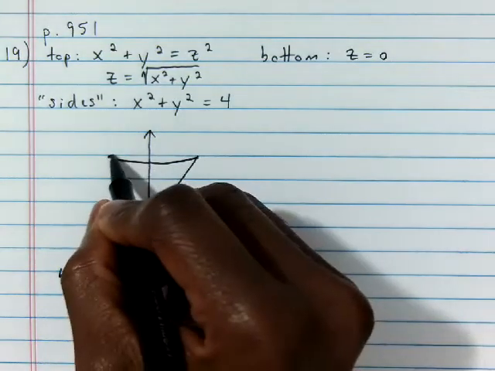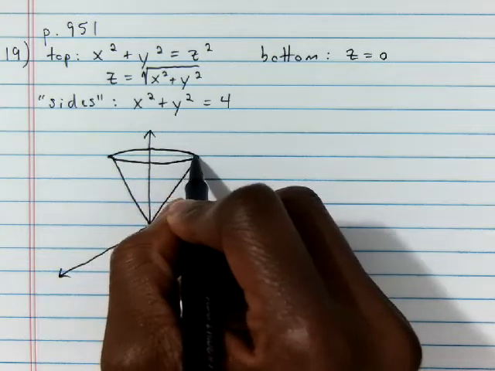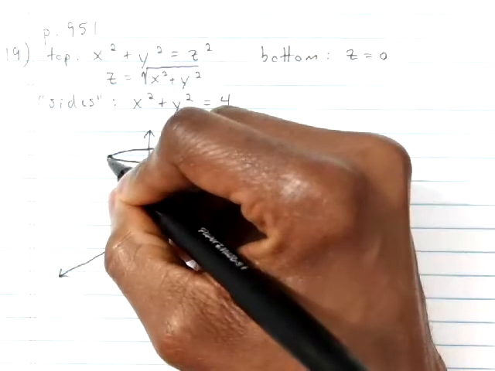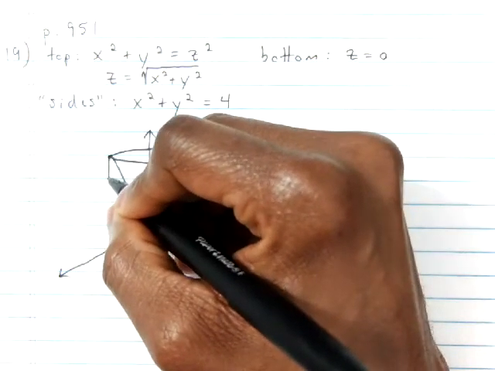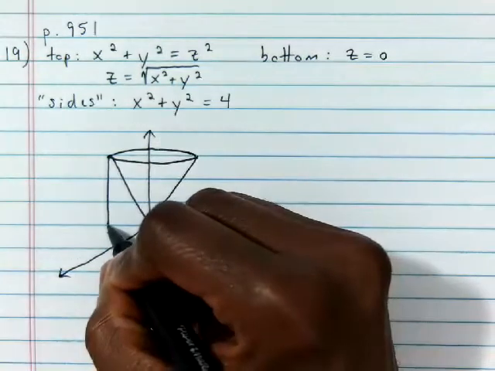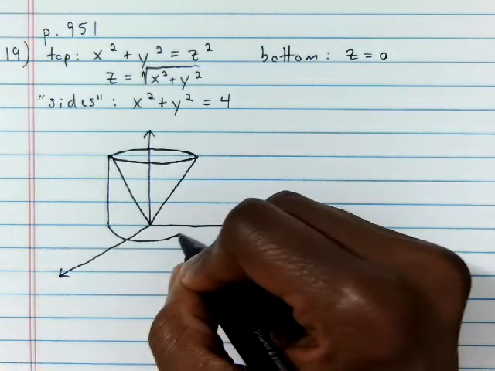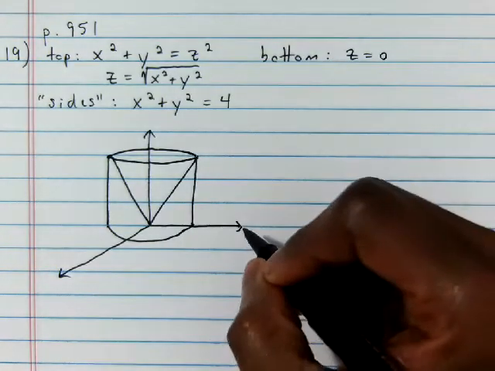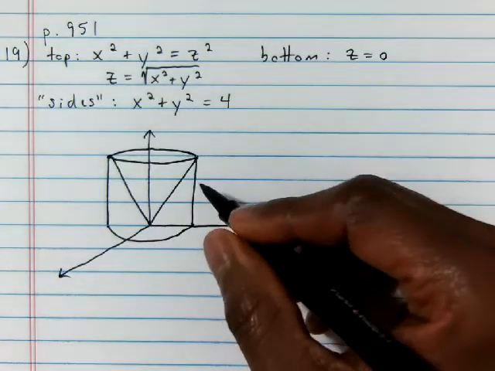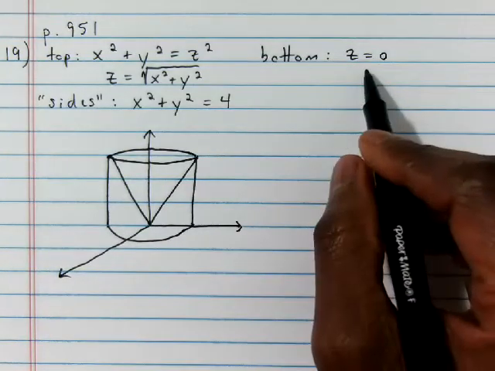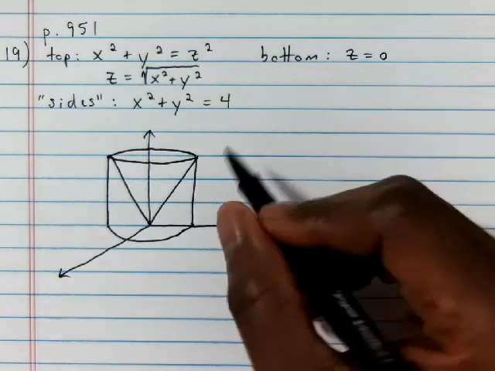The cone is going to go on forever, but the cylinder is what's cutting the cone off. I stop the cylinder at the xy plane because our bottom is z equals 0. So our top is the cone.